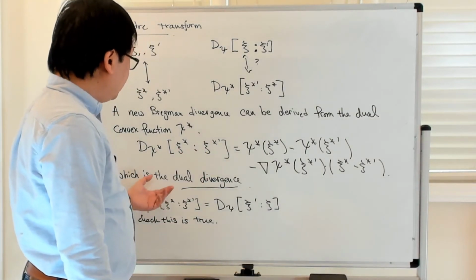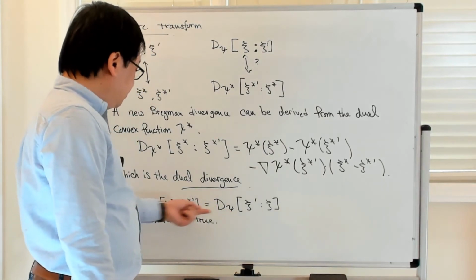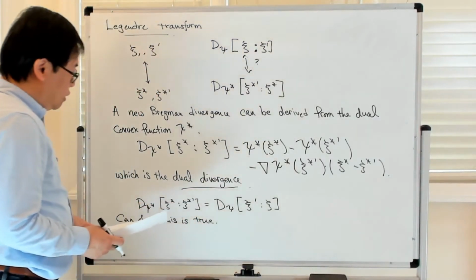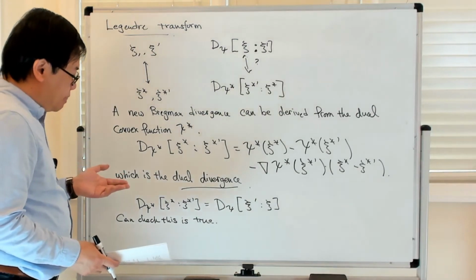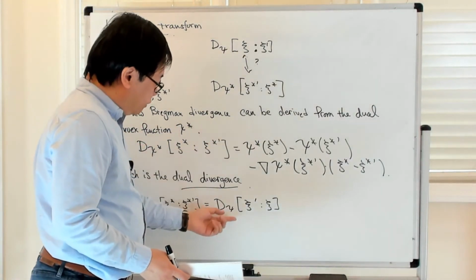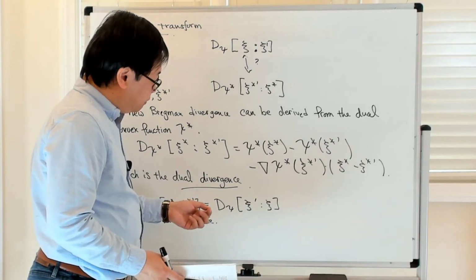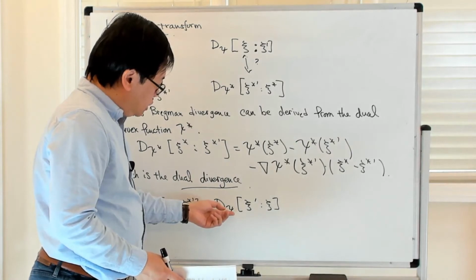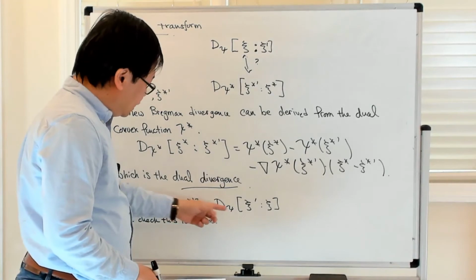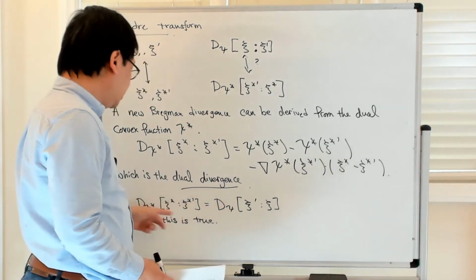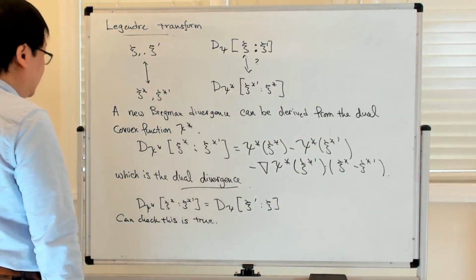You might ask whether one can rewrite these Bregman divergences in a way which reflects the fact that there's some sort of relationship between them. But yes, the Bregman divergence can be expressed in terms of both the convex function and its convex dual. Okay, so let me state the following theorem.